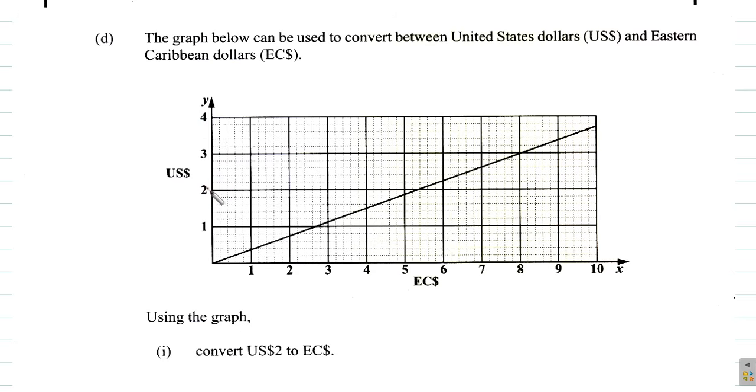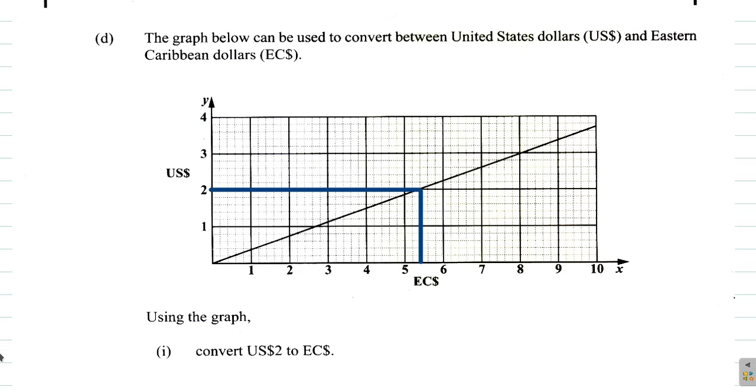What you need to do is project to the right to touch the line and then project down and see where it ends up. So $2 US, that's here, across to the line, right here, and then downwards.